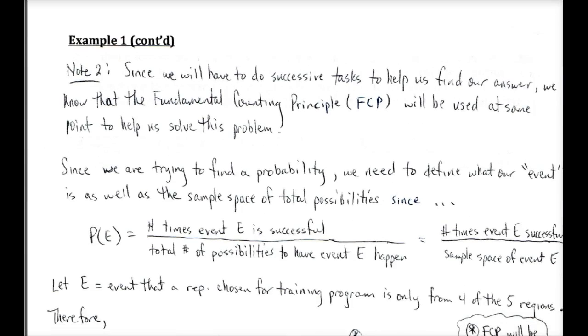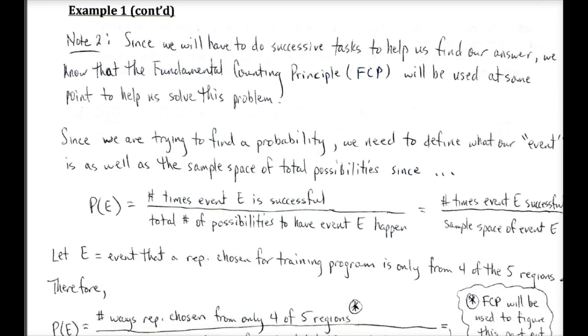The second note, we said since we will have to do successive tasks to help us find our answer, we know that we have to use the fundamental counting principle. Okay. And since we're trying to find a probability, we need to define our event as well as the sample space of total possibilities. Okay. And so here, the reason I'm saying that is because of what we classically define a probability to be.